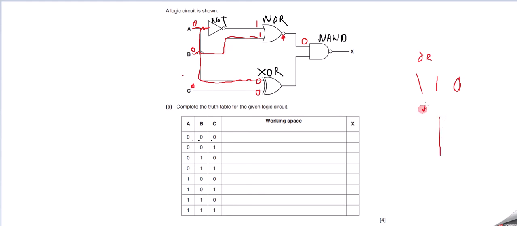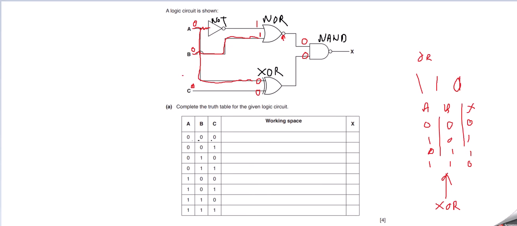So if we did A, B, and X, 0, 0 is 0. 1, 0 is 1. 0, 1 is 1. And 1 and 1 is 0. Let's make this a bit better. So this is our XOR gate. So based on both of these inputs being 0, it's going to be 0 which pops out.